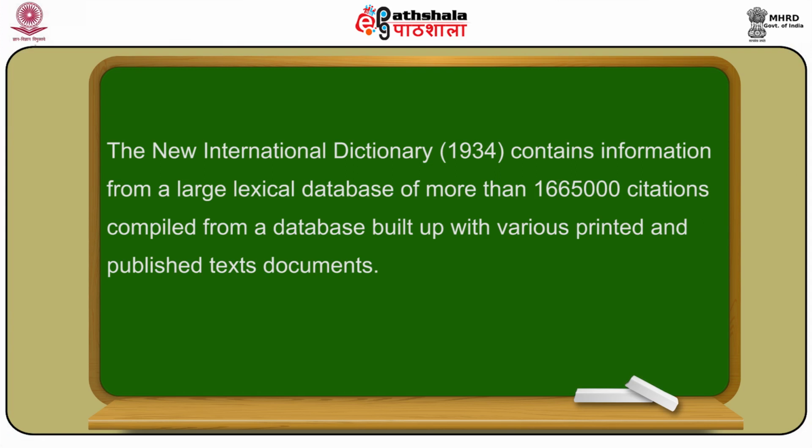Again, here also we get a clear indication that even for the American dictionary, a huge corpus of regular use was collected, and that database was processed to extract words and all related information which were furnished in the dictionary.